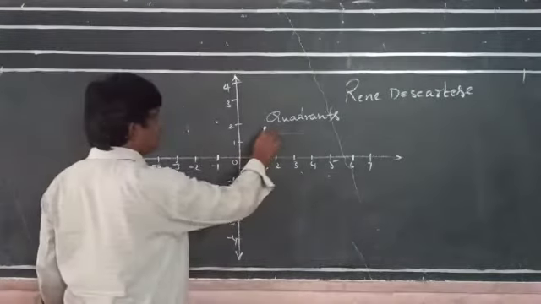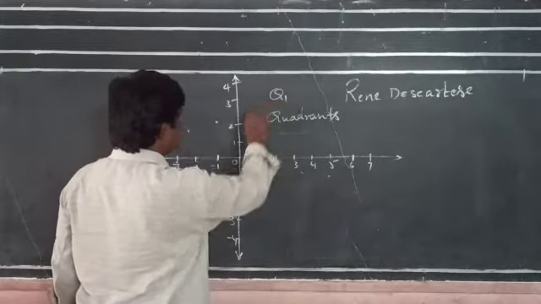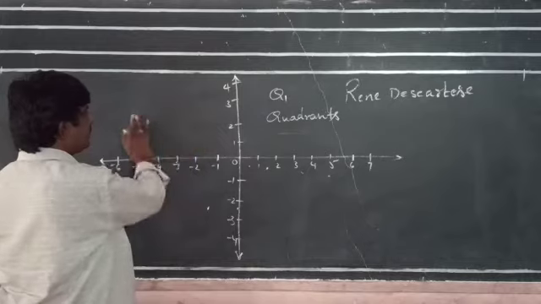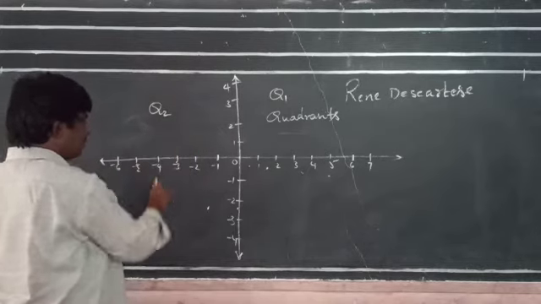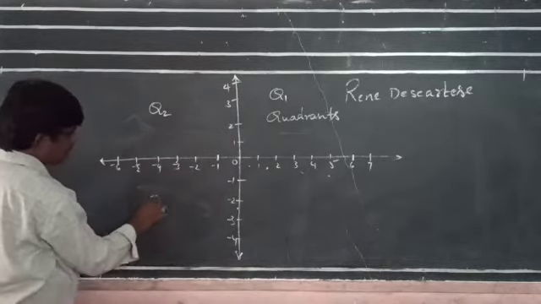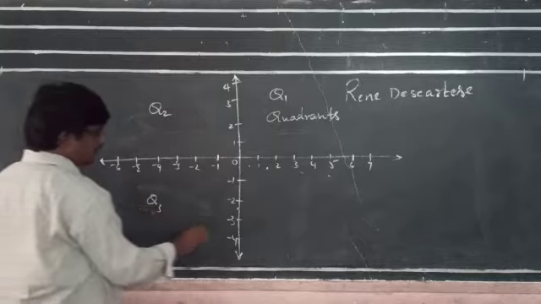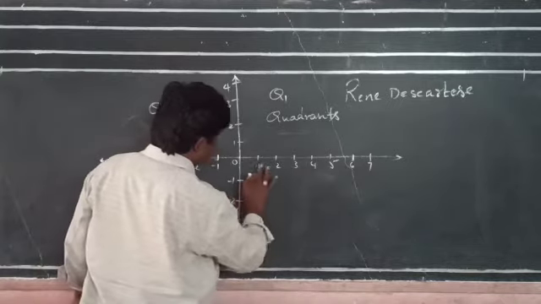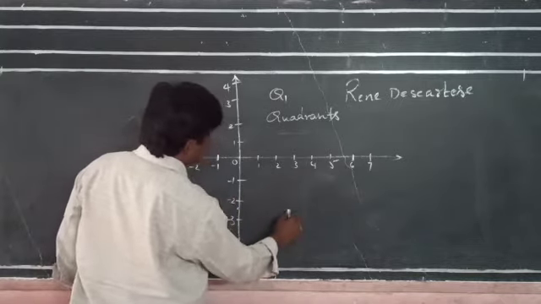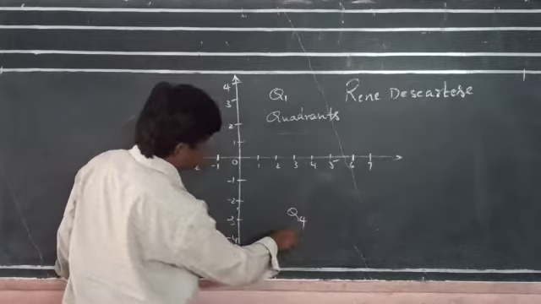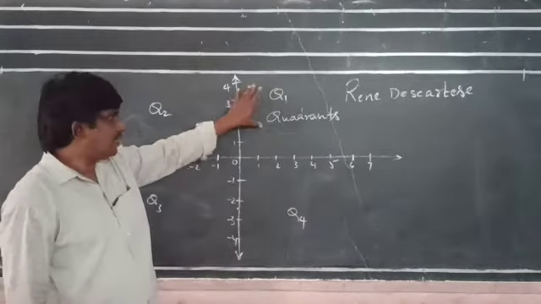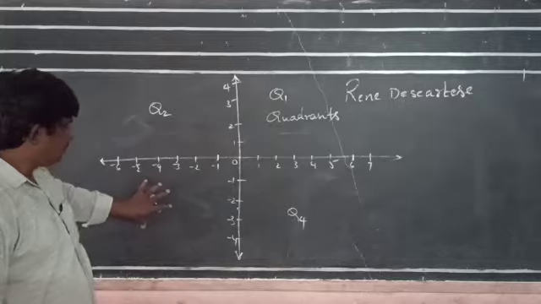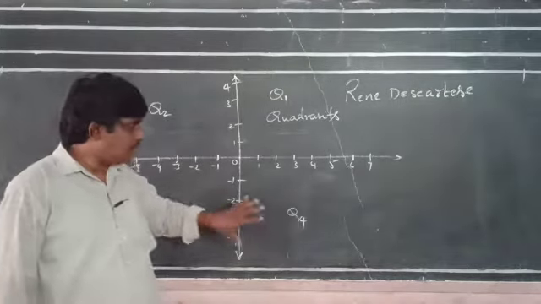He took this one as the first quadrant, Q1, this is the second quadrant, Q2, this one is the third quadrant, Q3, and this part is Q4.